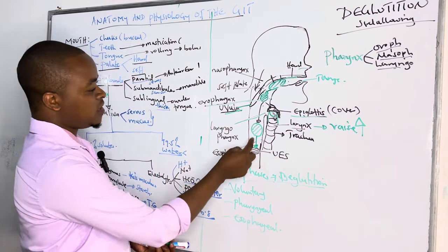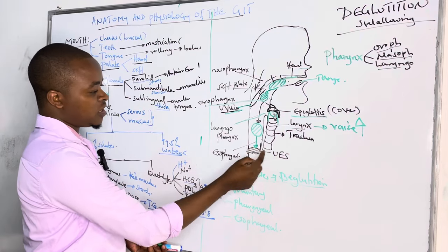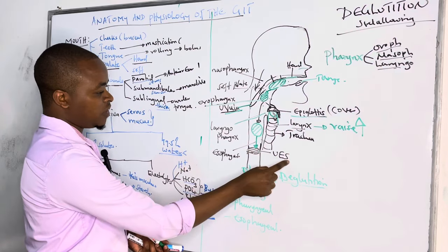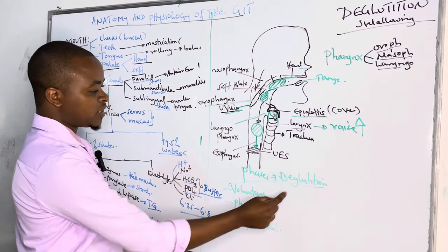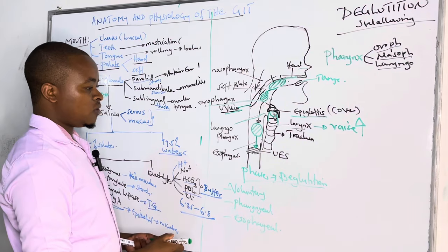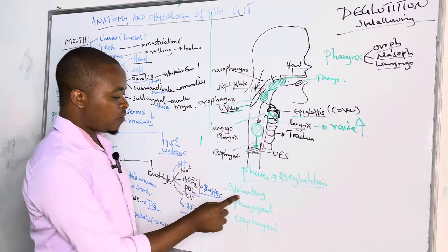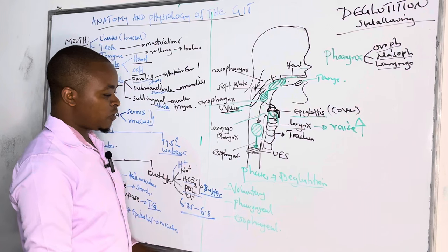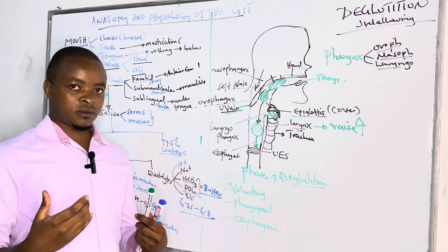So as we have seen, when food reaches the esophageal sphincter, we have phases of swallowing, whereby phase number one is voluntary. Voluntary means it is controlled.